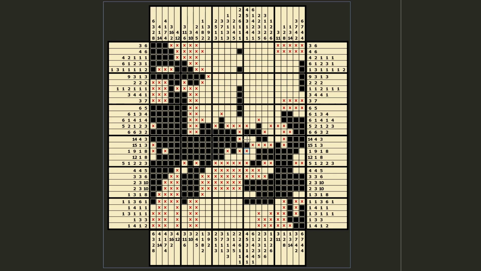I think that means this is the 3, this is the 4. So this is definitely the 4. Right? Yeah. Okay. 1, 2, 3, 2. That's everything. 1, 3, 7, 4, 2.